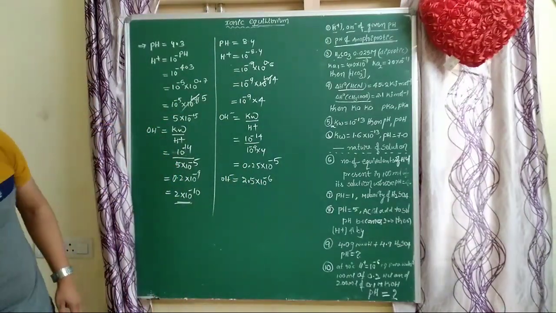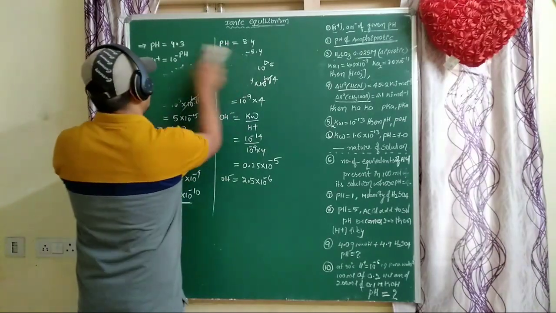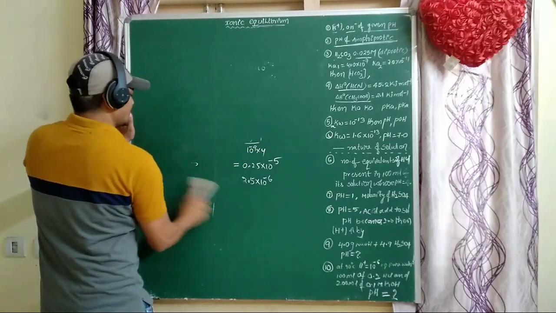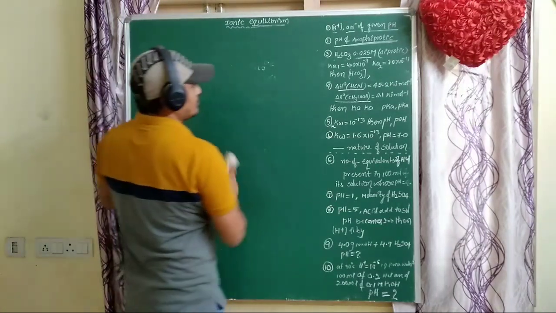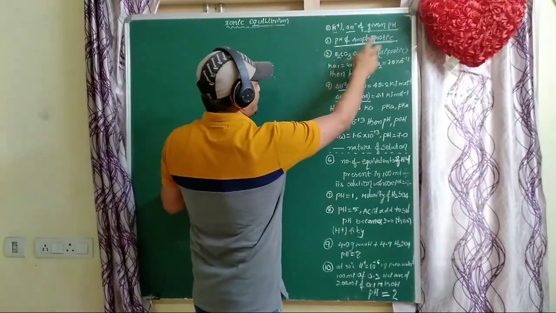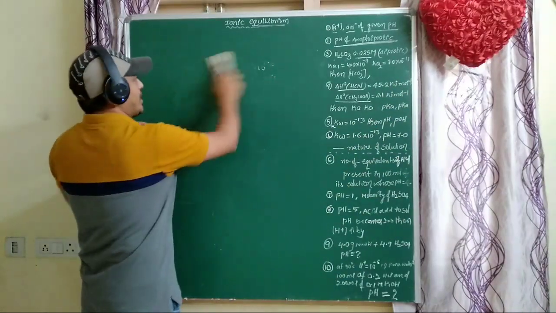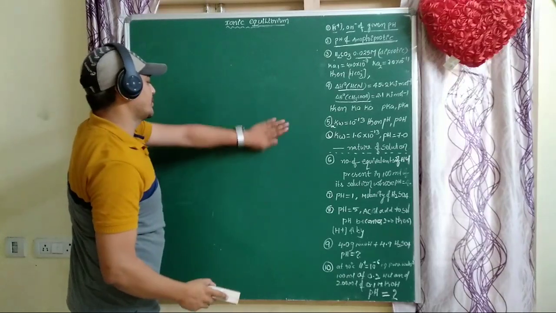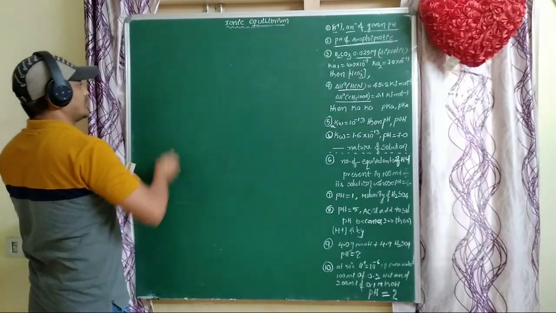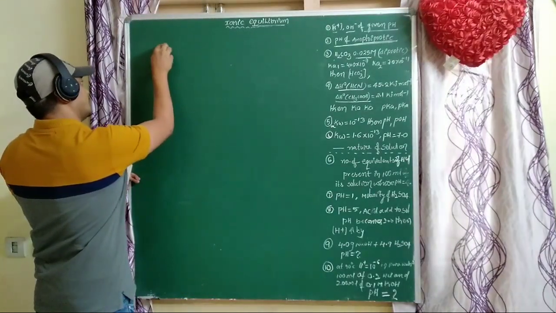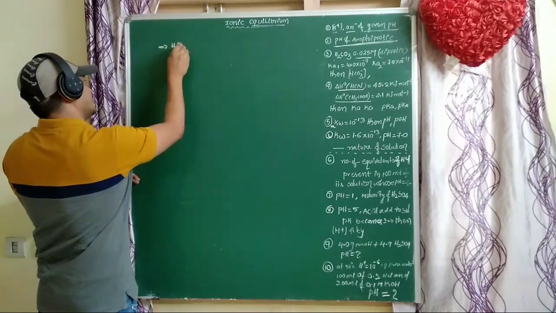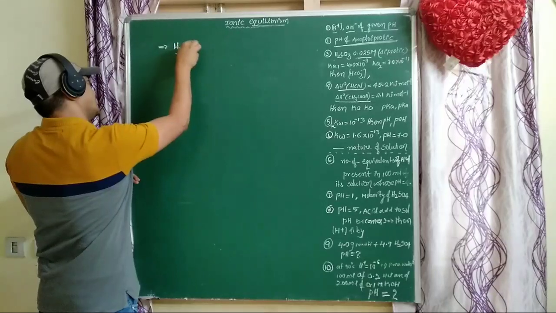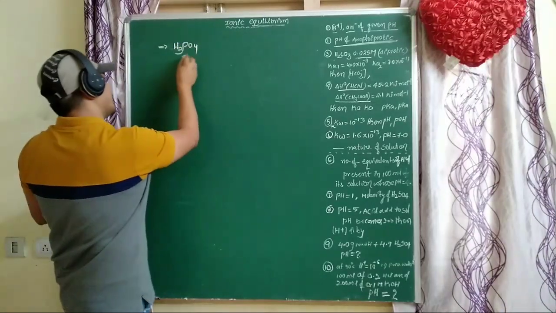So next, go to pH of amphoteric species. How to calculate the pH of the amphoteric species? For example, you take H3PO4. How to decompose this?